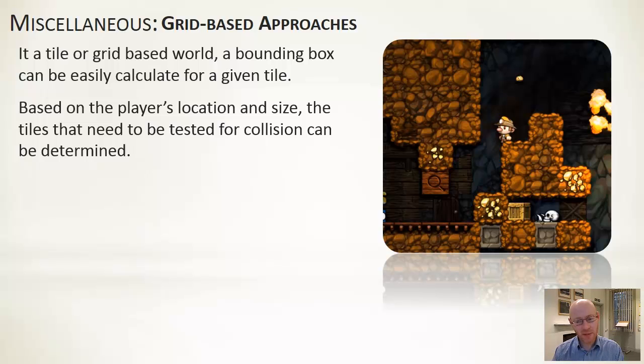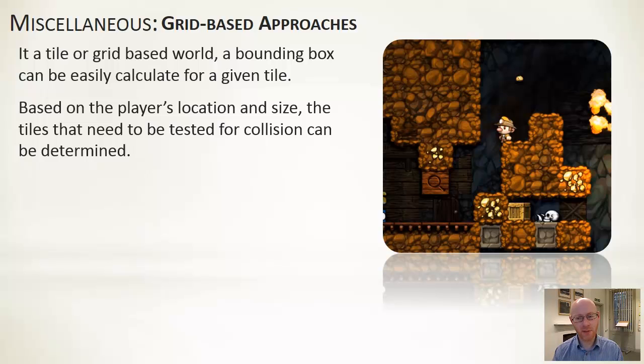A lot of games, and you can see one here, Spelunky, have effectively a 2D grid-based setup, and some of the grid elements contain impassable, in this case rock-like material. Other elements are open, you can move through them, and depending on the game you may be able to explode or remove some of them.